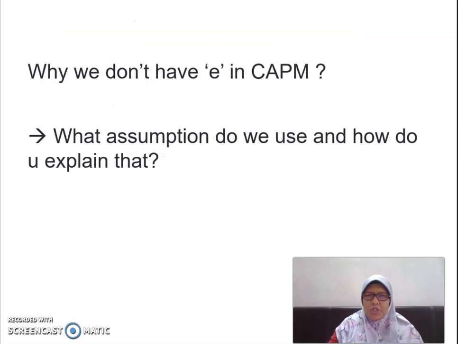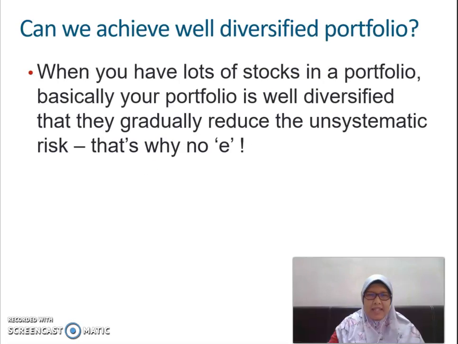Now, did you notice that we don't have E in CAPM? The E is silent. The firm-specific risk is silent. Why? What assumption do we use and how do you explain that? We assume that when we have lots of stocks in a portfolio, our portfolio is well diversified.